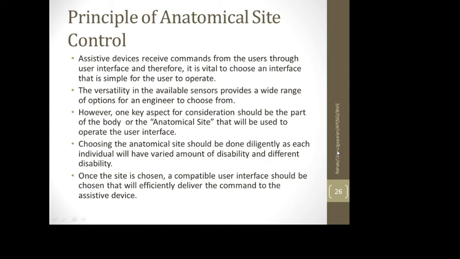If you have chosen the foot, you have to make sure that whatever user interface you have chosen can be operated by foot, or it can be operated by finger, or it can be operated through voice. It can be operated through visual, like eyeball movement or whatever, right? So irrespective of whatever anatomical site you are choosing to operate the user interface, the sensor itself should be chosen such that it is able to efficiently deliver commands to the assist device.